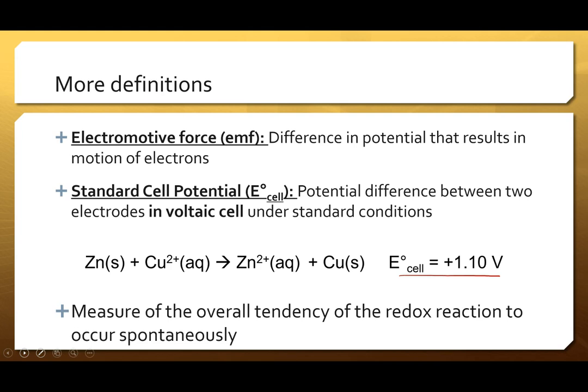So will this happen without outside influence? Or is this a non-spontaneous redox reaction where it's not going to happen unless we give it some assistance? So just another way for us to monitor the spontaneity of these reactions.